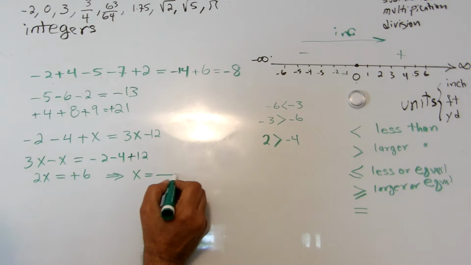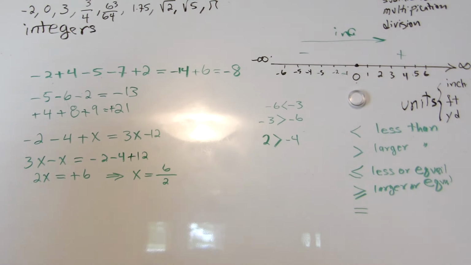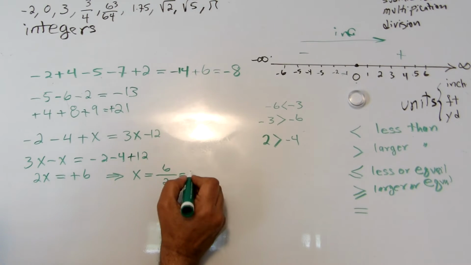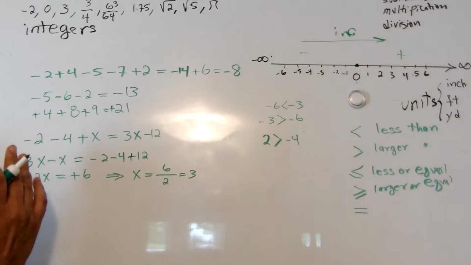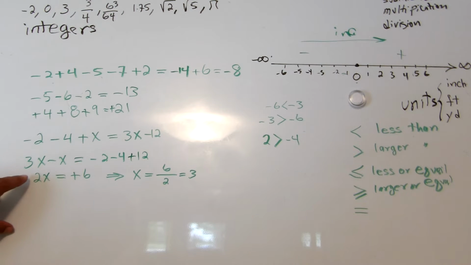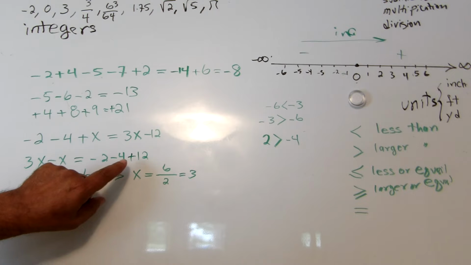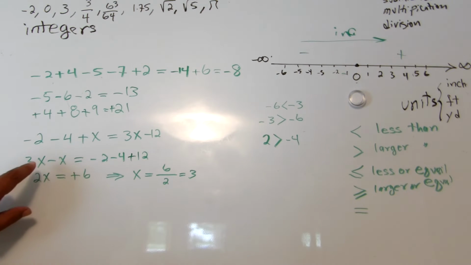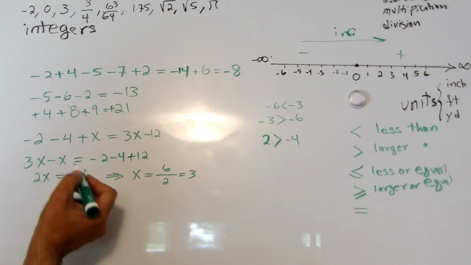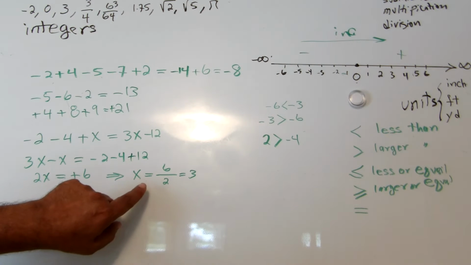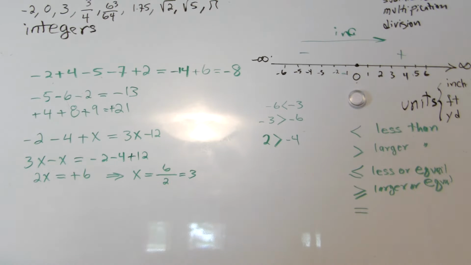X is going to be 6 over 2, which is 3. So what we did, we brought all these numbers to one side and the ones that have the unknown, the 3x and -x, to the other side. So we find the value of x.